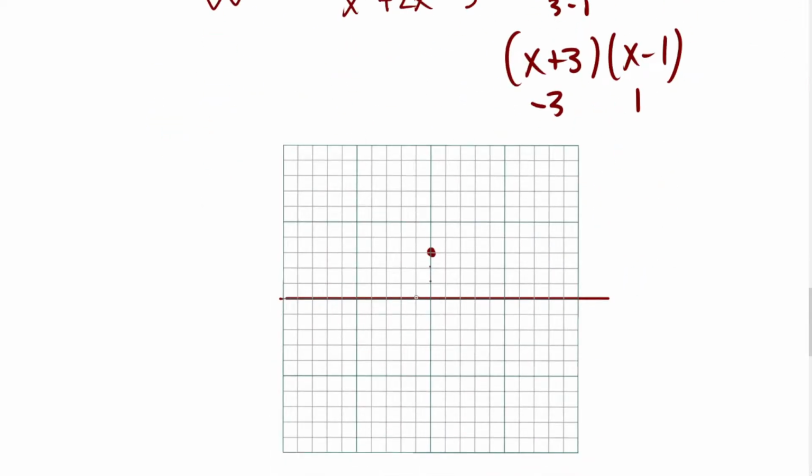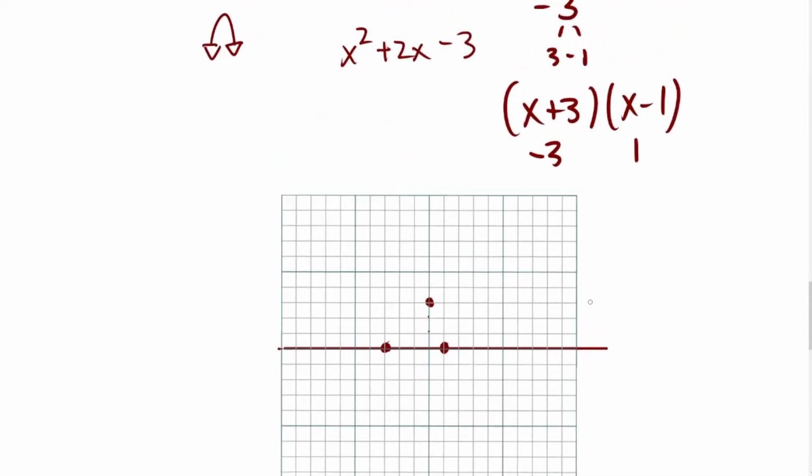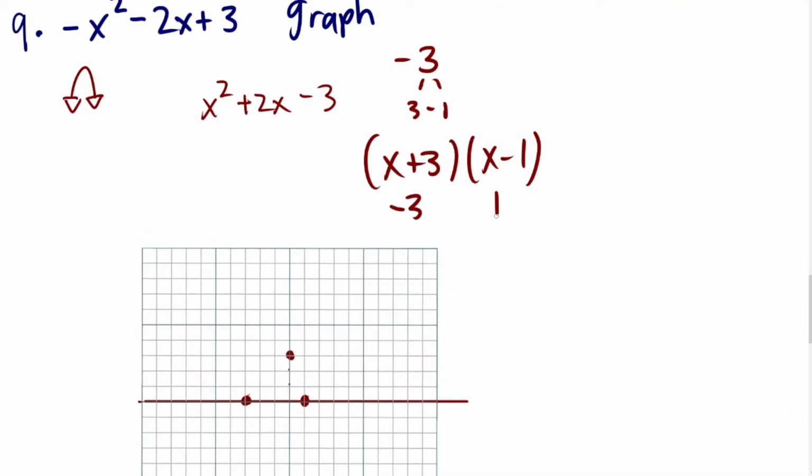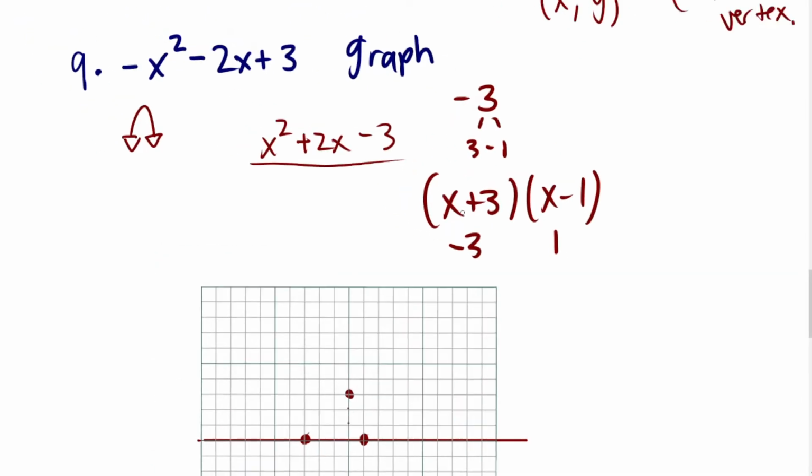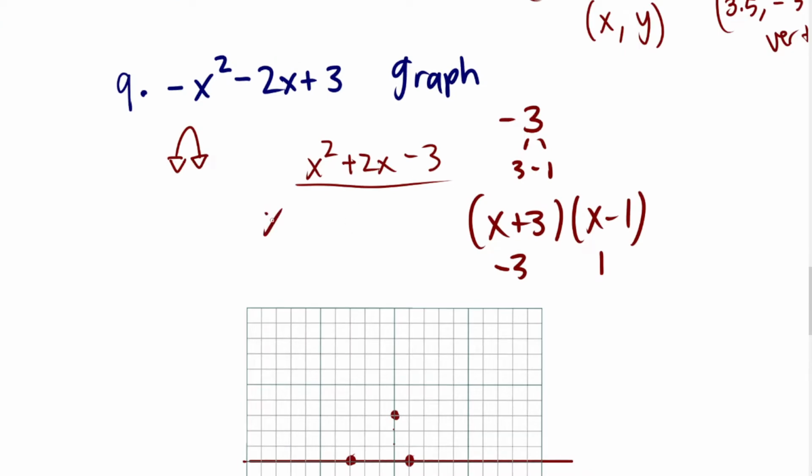So 2, 3, +1. And then for our vertex, what we can do is complete the square, and we're going to stick with this one because we want the coefficient to be 1. We'll move the 3 over, so we have x squared plus 2x plus, and then 2 divided, it'll be +1, equals +3 plus 1, which is going to be 4.